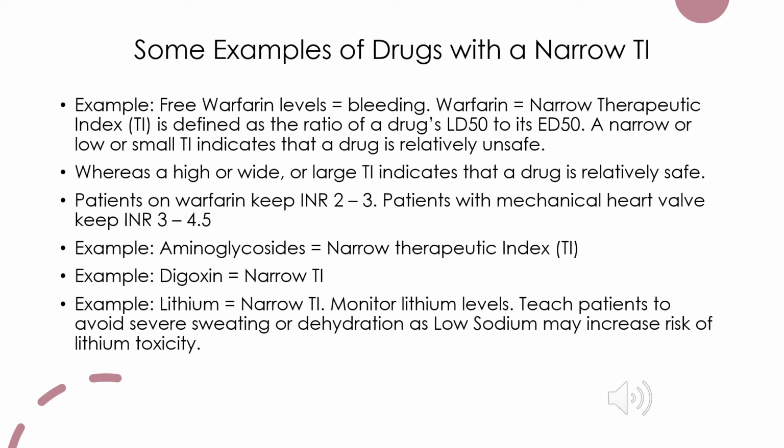The typical INR goal for a patient who needs anticoagulation therapy is 2 to 3, except in cases of mechanical cardiac valve replacement, in which a higher INR is necessary to prevent clot formation. So you've got to keep the INR somewhere between 3 to 4.5.